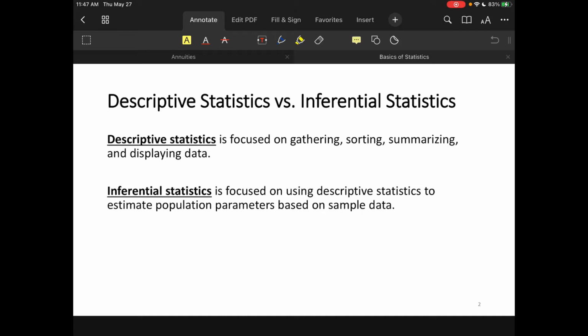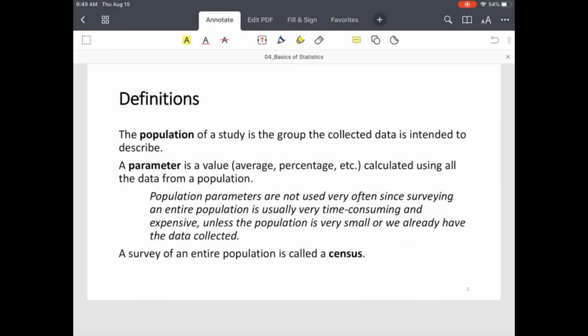So instead of asking everybody, you try to get a solid sample, and we'll discuss that in a minute. And then you use statistical tests to make inferences or educated guesses about the population based on the sample.